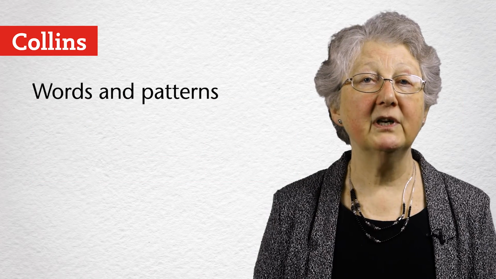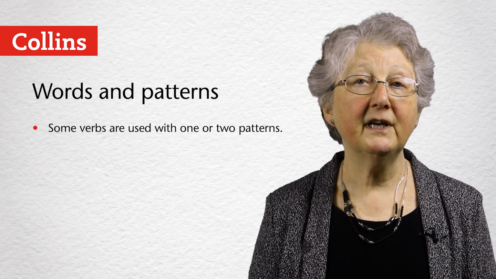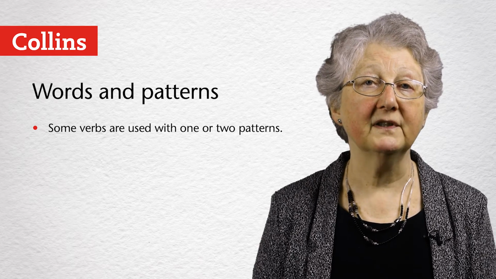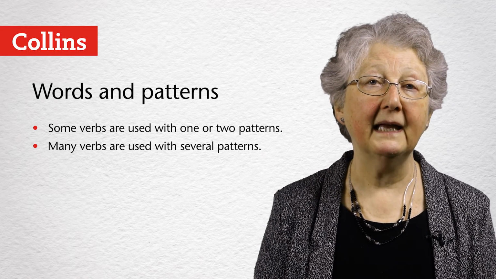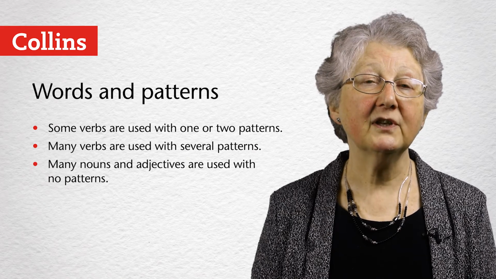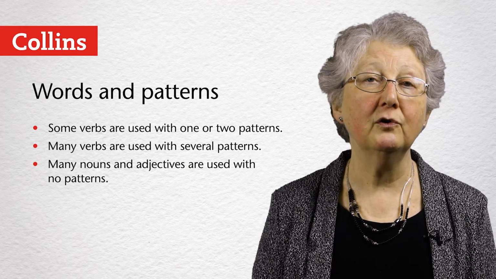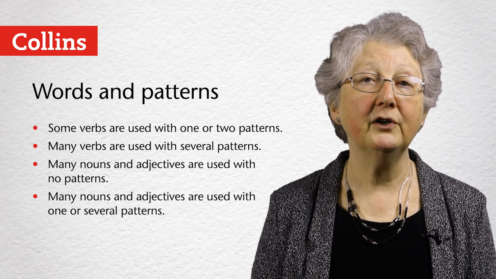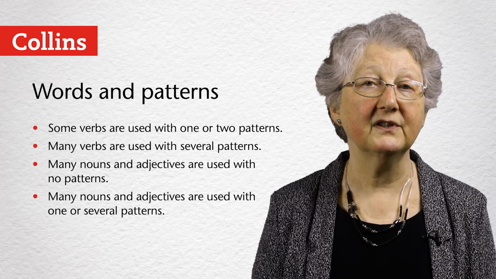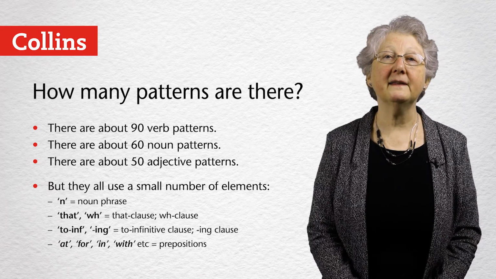If we think about words and patterns, some verbs are used with one or two patterns and some are used with many. Many nouns and adjectives are not used with patterns at all, but many others are used with one or several patterns. So how many patterns are there?